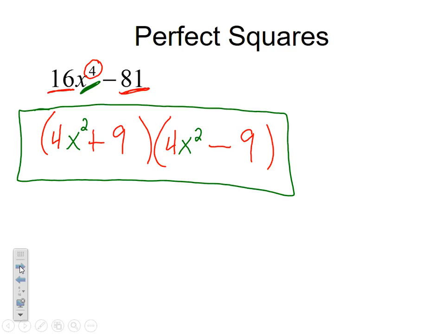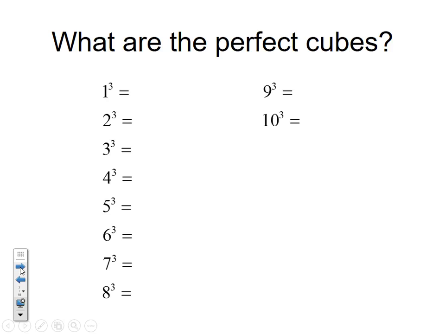All right. That's old stuff. Now we're going to get into our new stuff. This also has to be written in your notes, you guys. You're going to want a list of your perfect cubes somewhere handy where you can get them out, use them a lot.